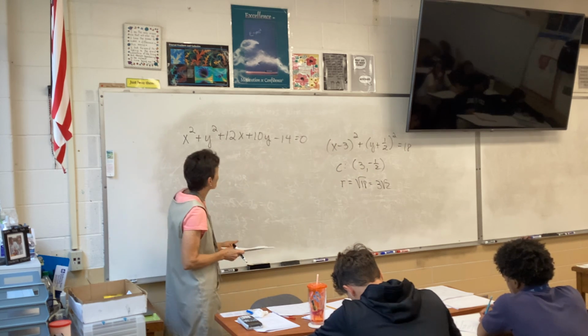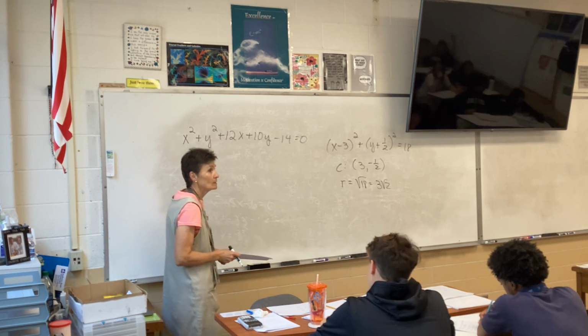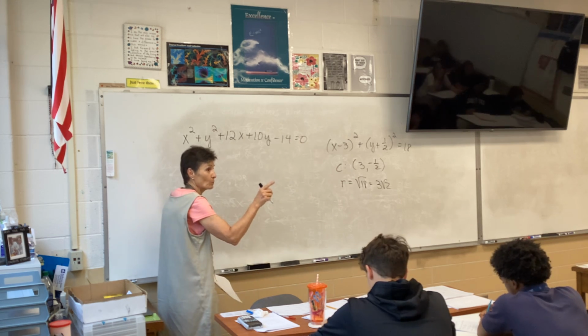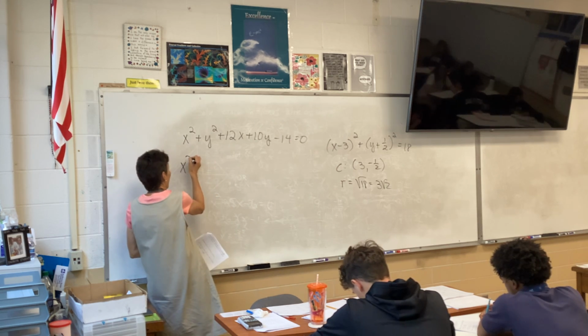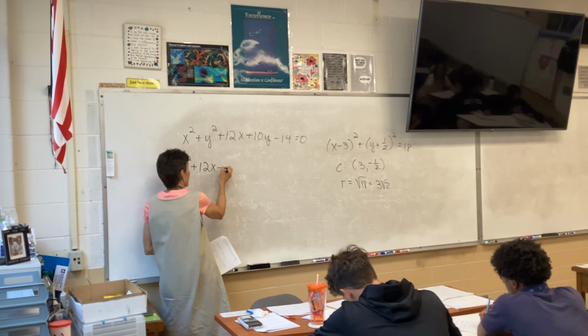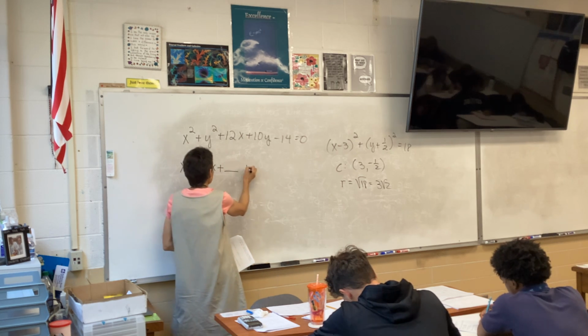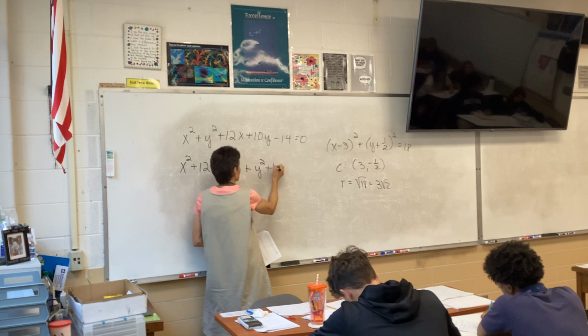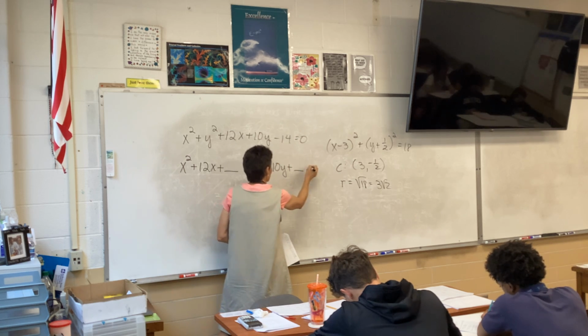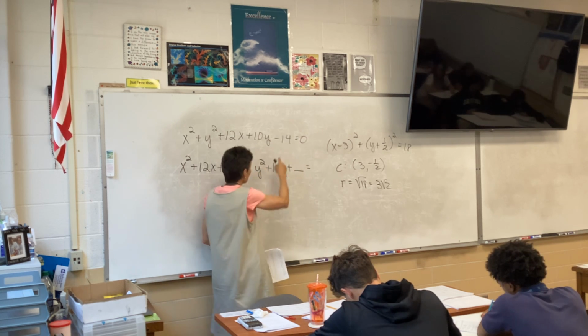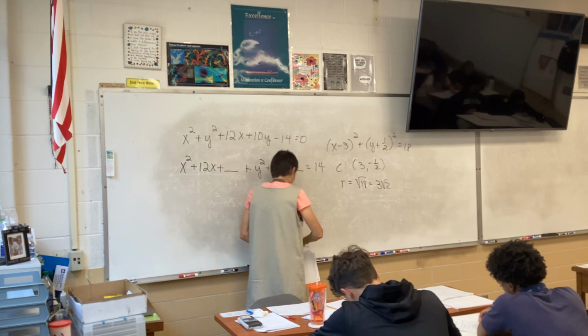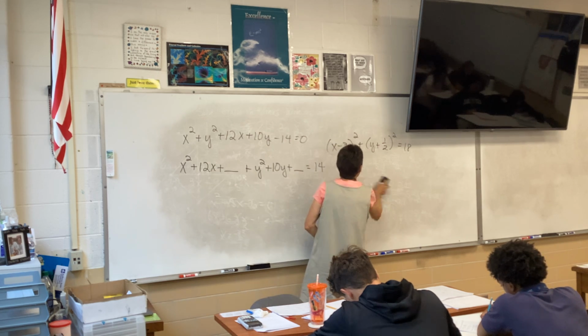If you add 14 and then complete the square. We're gonna complete the square, very good, we're gonna complete the square on our x's and on our y's. And in order to complete the square, that 14 has to be over here. You are exactly right, Tess. Very good.